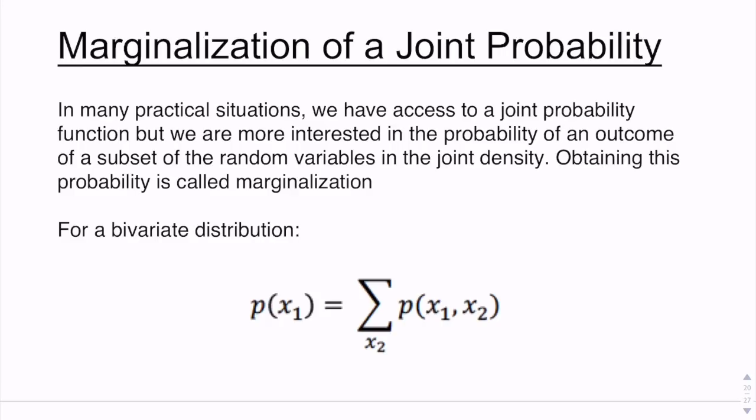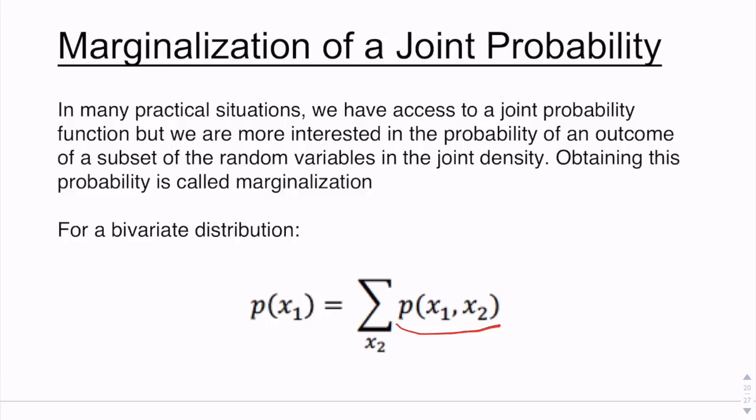For instance, say the joint probability distribution of x1 and x2 is given, but you want to compute the probability distribution of x1. How do we compute that? This process is called marginalization: computing the probability distribution for one or a subset of random variables from a joint probability.